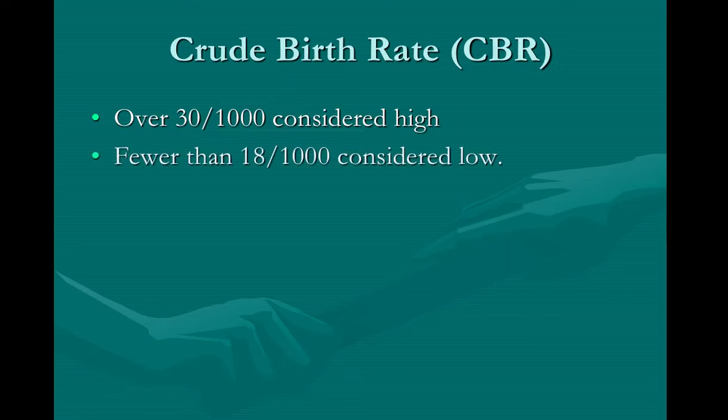If you have 18 per 1,000, it's considered low. If the CBR is 20 out of 1,000, that would be similar to what the global CBR was in 2010. So that would be more considered a low birth rate, which means that your population is slowly growing. It is a positive number, so it is slowly growing. However, it is a low birth rate.